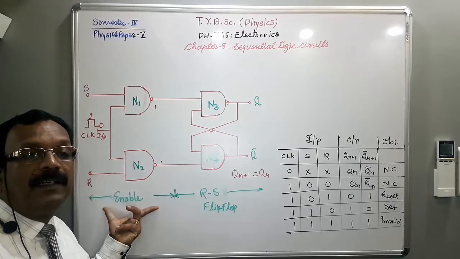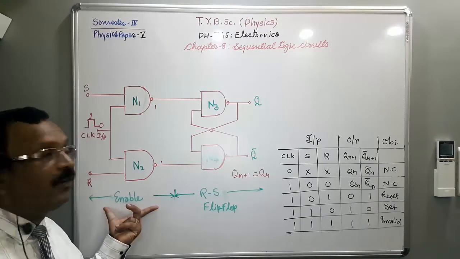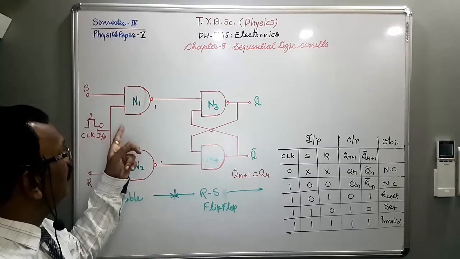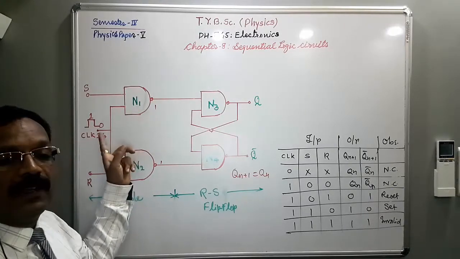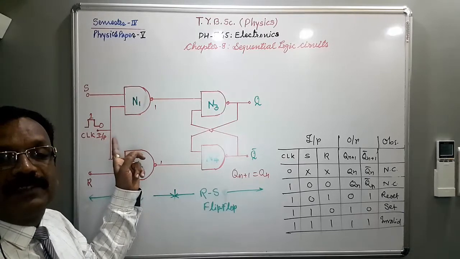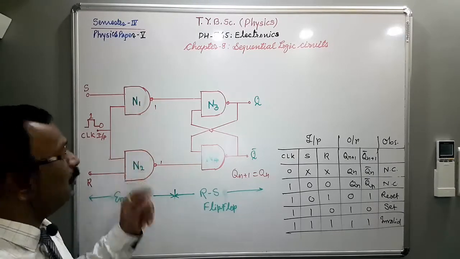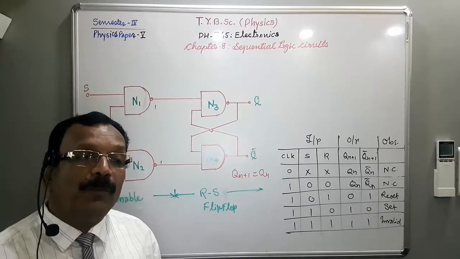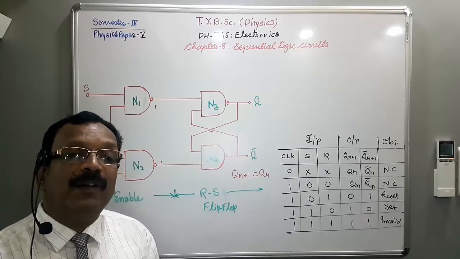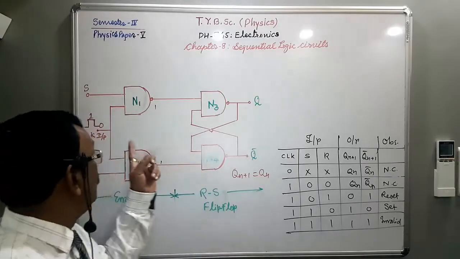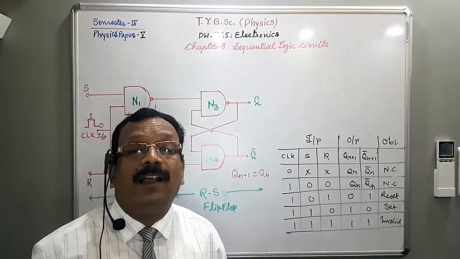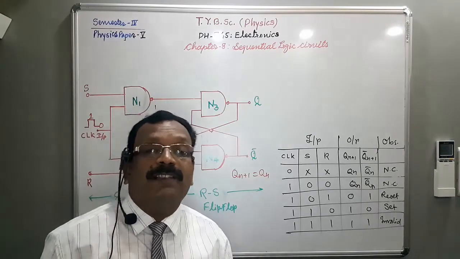When the clock pulse is logically high, this high logic pulse enables these two NAND gates N1 and N2. When enabled, the output depends on the S and R inputs.